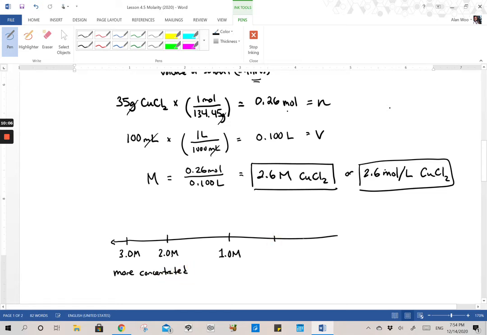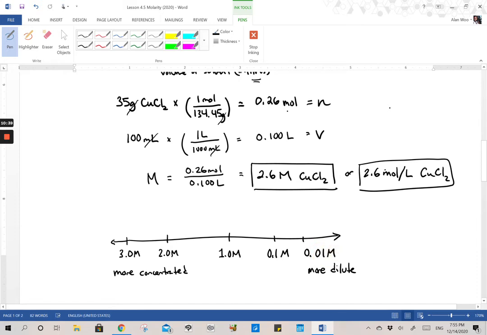If you go the opposite way, so let's say 0.1 molarity, 0.2 molarity, etc., this becomes more dilute. Actually, let me change that value here to 0.01.